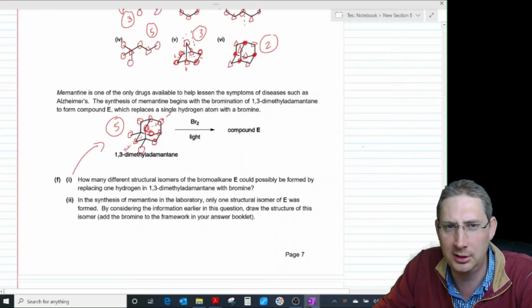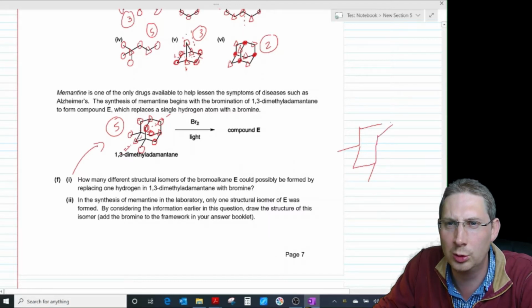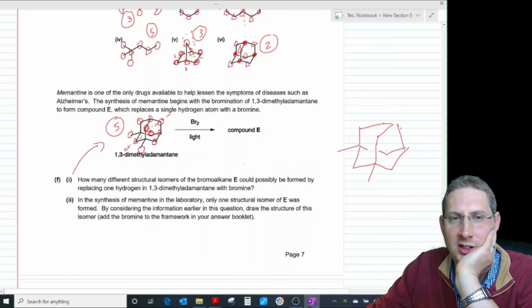in your answer booklet. So presumably we've got this drawn in the answer booklet here. Okay, so information earlier in the question.